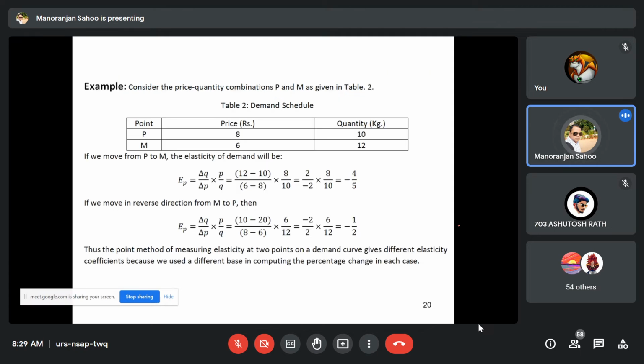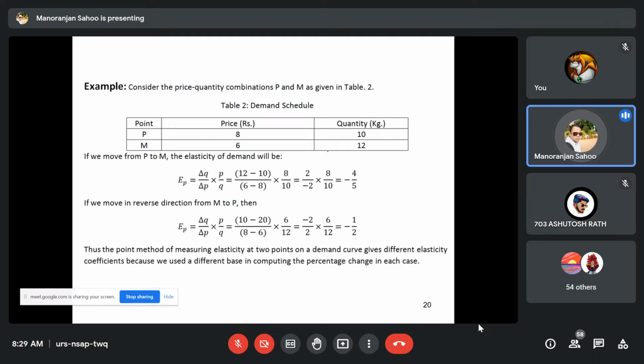In this case, if you are calculating the elasticity, you will find the elasticity value to be different by applying the original price elasticity formula, that is percentage change in the quantity demanded divided by percentage change in the price.